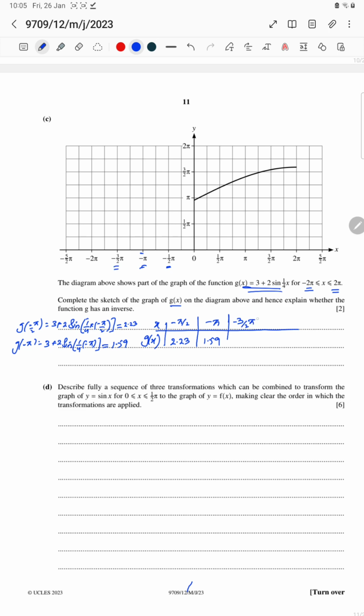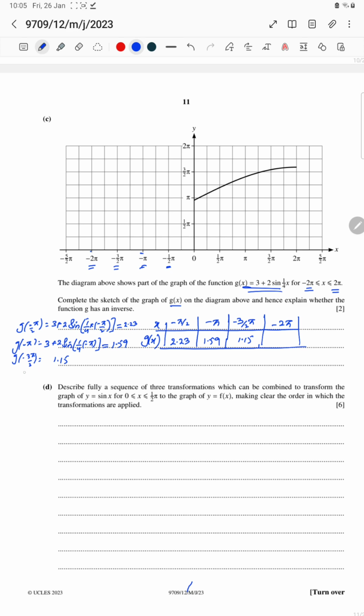Similarly, take more values at minus 3 by 2 pi and minus 2 pi, the same process. G of minus 3 pi by 2, doing the calculation on the calculator, the result is 1.15. I will write 1.15 because this value will help me place the point at the right place.